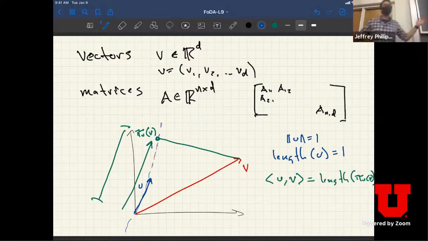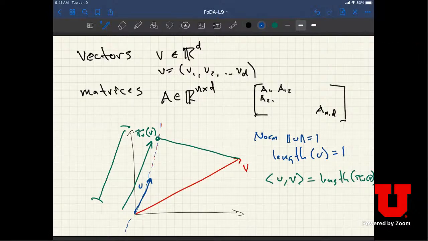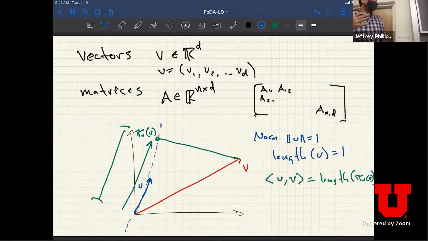The first thing we're going to talk about today is how to talk about this length, and these are called norms. So this is a norm of u. If the norm of u is 1, that means the length is 1, then this nice property about the dot product holds. And again, the result of the dot product is the length of this vector projected on u.